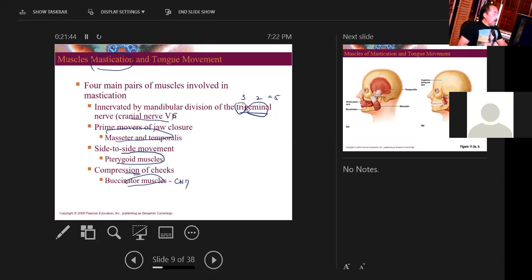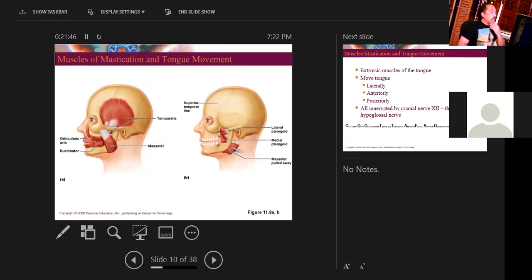Okay, now let's move on to the next one. This is where it gives you the picture of the muscles of mastication. So the temporalis muscle inserts at the area of the mandible called the coronoid process. Remember the sharp portion there of the mandible? That's where it inserts.